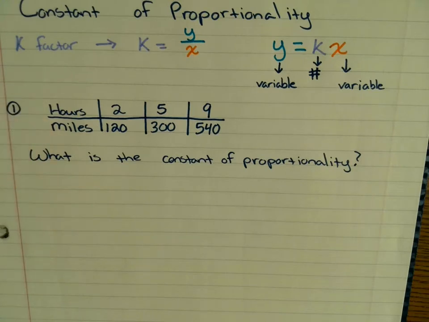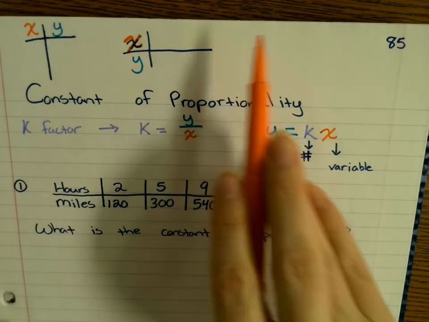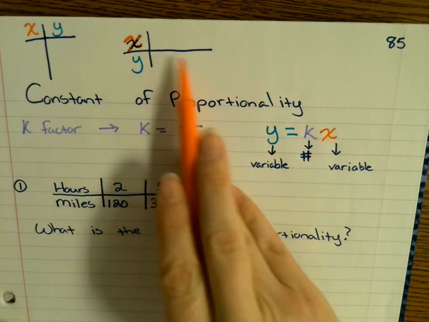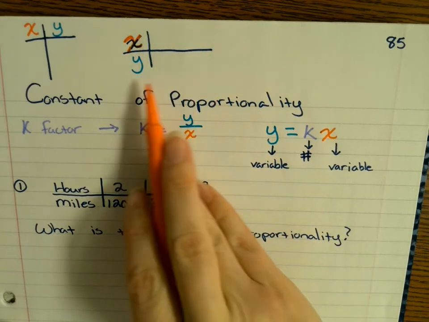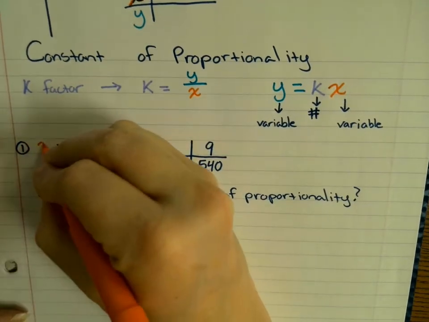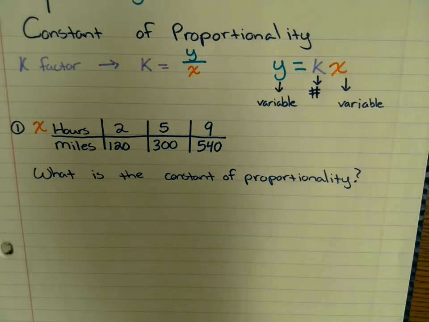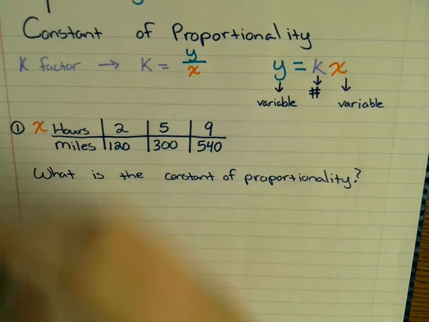Hours. Remember, we just talked about it here. When given a horizontal table, your x data is going to be written on the top, your y data on the bottom. So hours is going to represent our x terms. The miles is going to represent the y terms.